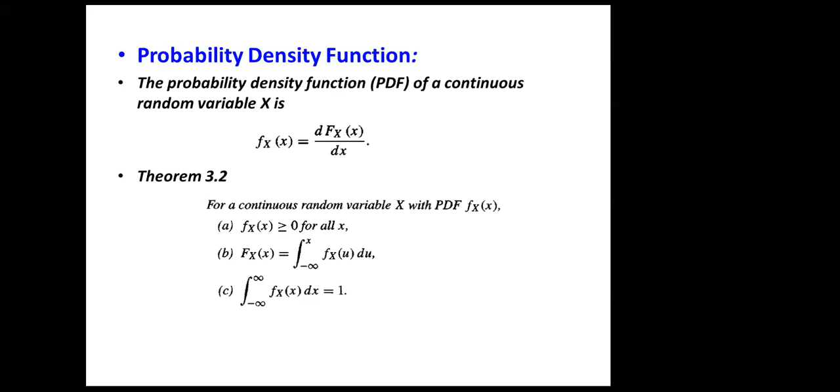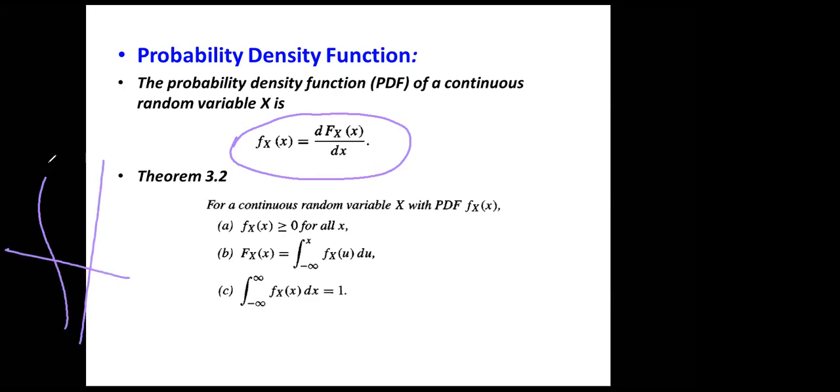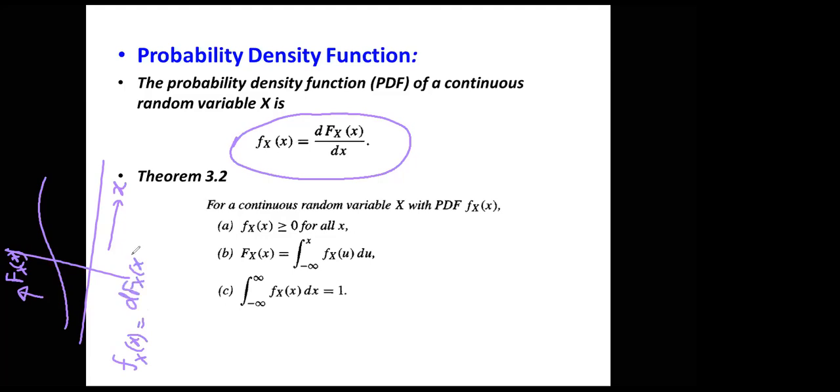Look at the PDF definition. They are telling that the PDF is dF(x) by dx. So we have some F(x) like this, the CDF of x, and that is the x. The PDF f_X(x) is dF(x) divided by dx. What does it mean?